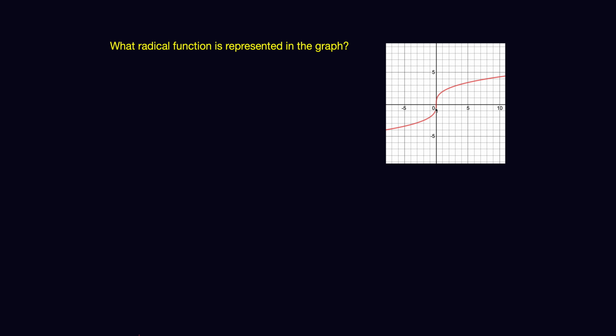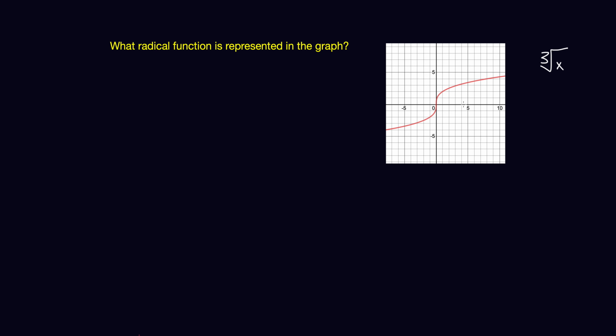If you remember back a couple of lessons ago, we had the cubed root. So this is a cubed root of x. And the cubed root of x will give us this kind of strange S-shaped graph.